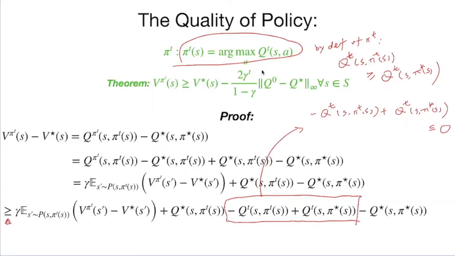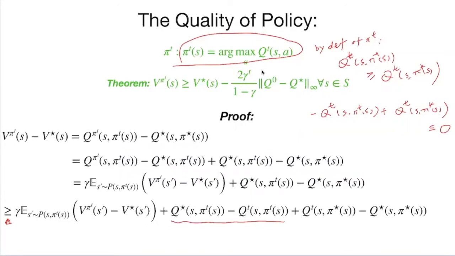All right, so now we get into a very good situation, right? We know the difference between Q star and Qt. That's the guarantee that we computed from value iteration. So erase these things. Look at these two terms. This is the difference between Q star and Qt measured at the same state action pair, s and pi t of s.